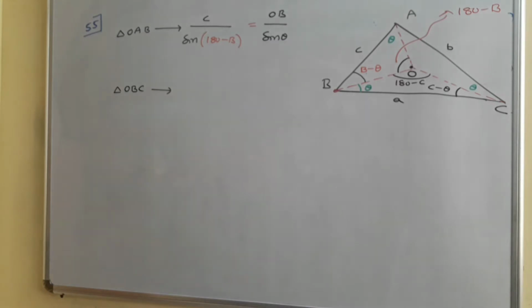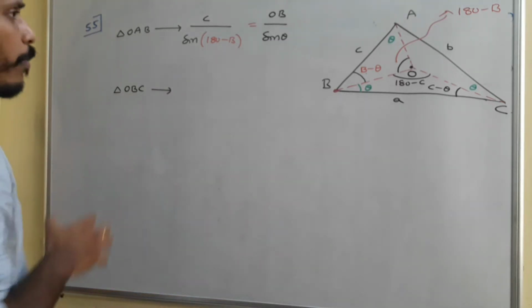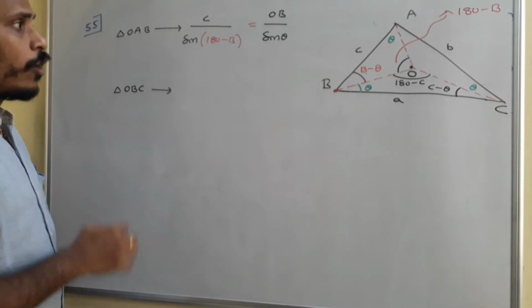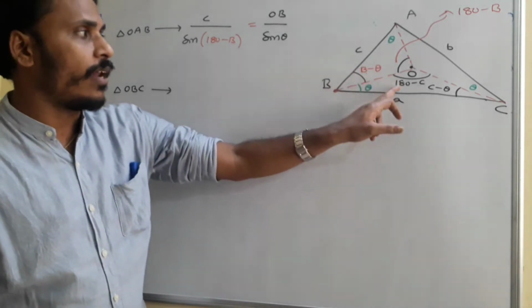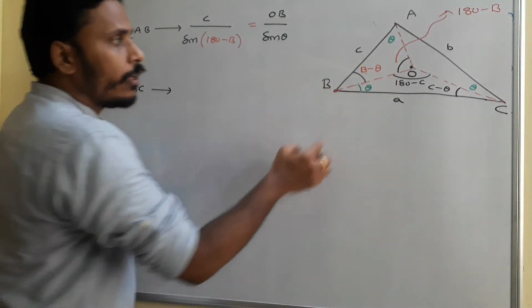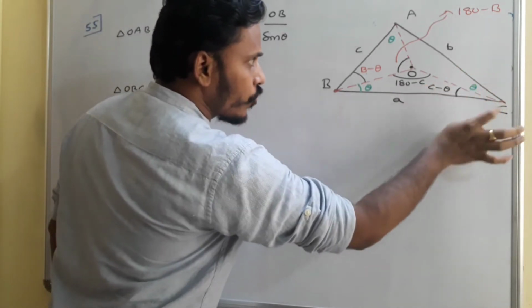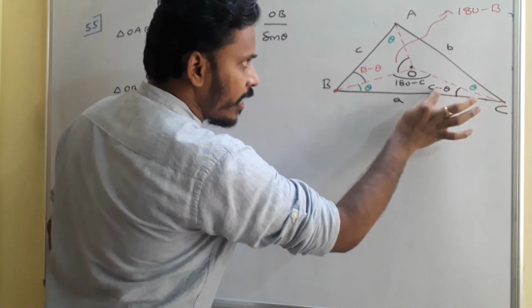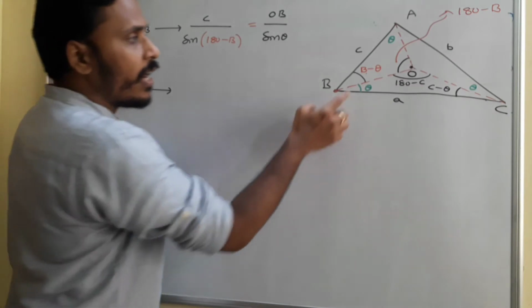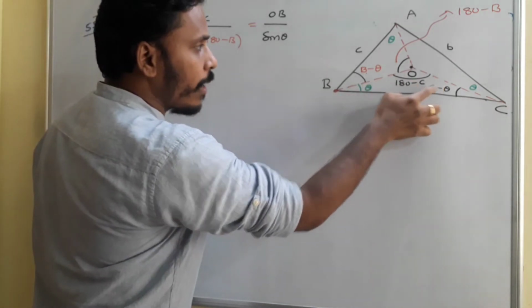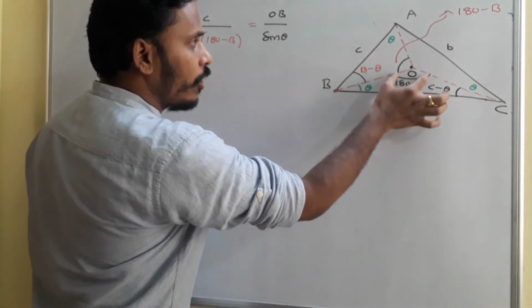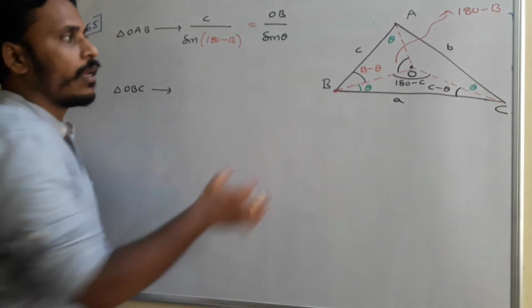Here we are applying the sine rule for triangle OAB as well as for triangle OBC. Since the total angle is C and one angle is theta, the other becomes C minus theta. One angle is theta, the other angle is C minus theta, the summation is C, so this angle is 180 minus C. Likewise here also.